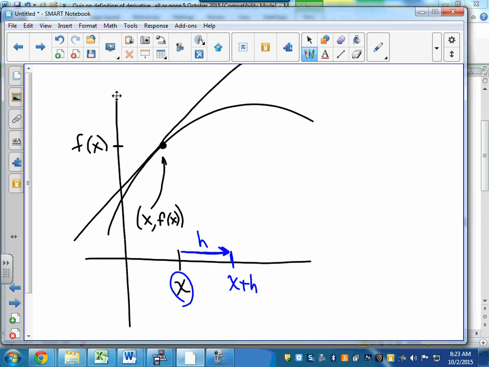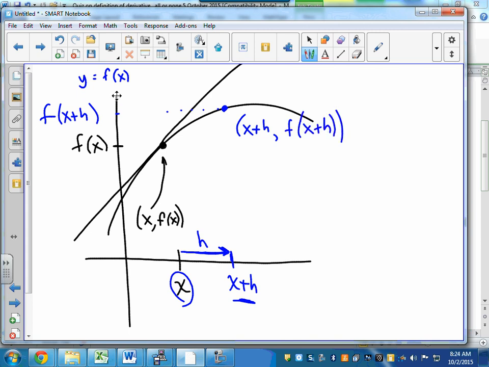And we go up to the curve, and we have a point there. So we have an ordered pair. The x coordinate is x plus h, and the y coordinate will be f of x plus h. Remember, y is simply f of x. So f of x plus h.